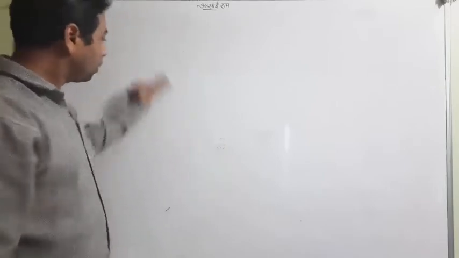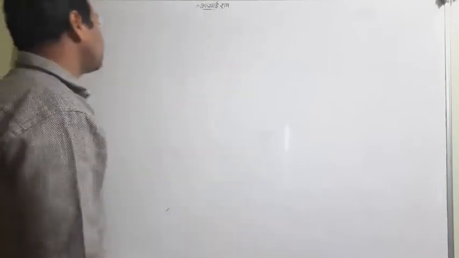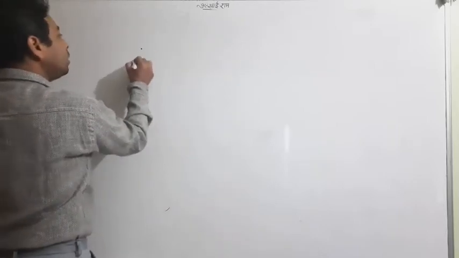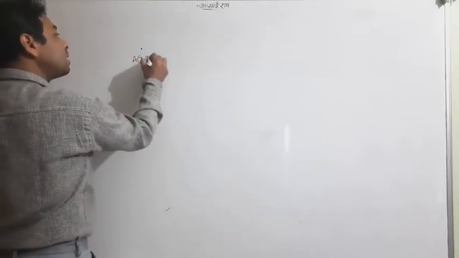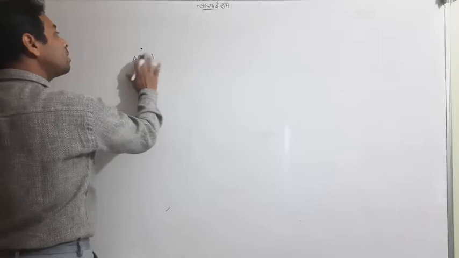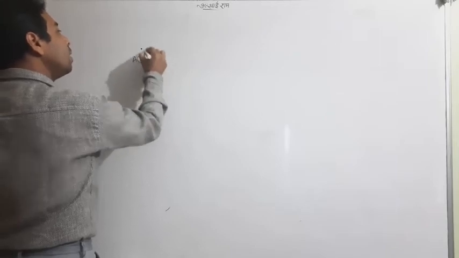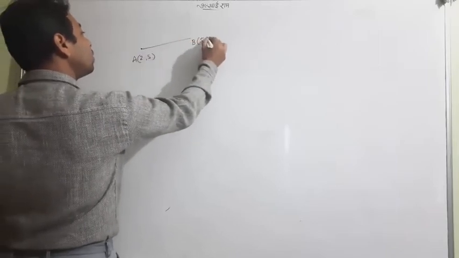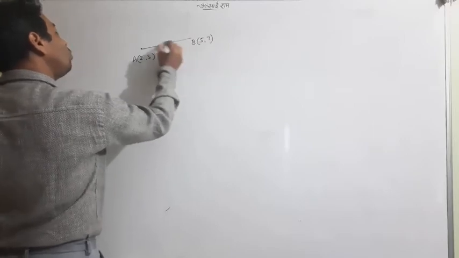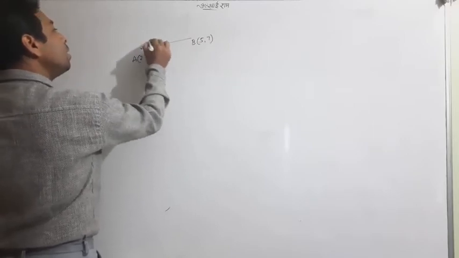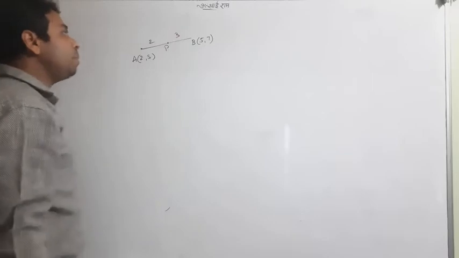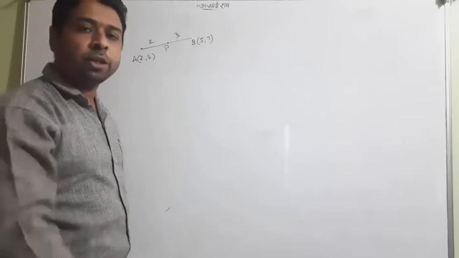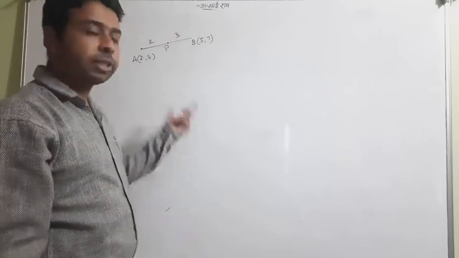Now, one more thing which I want to express here. Look at, student, very important. Suppose A is given and B is given. And suppose you are told to find P where it divides AB in 2:3. Definitely you know it now because you know the internal division formula.